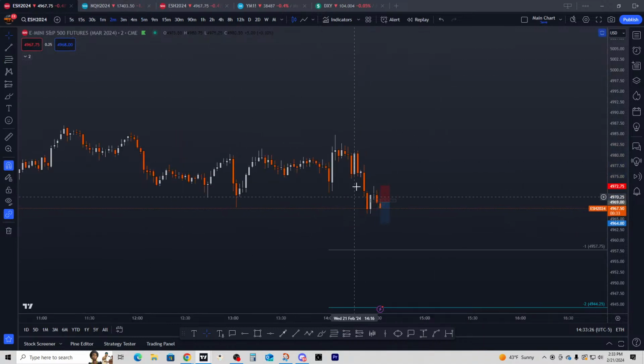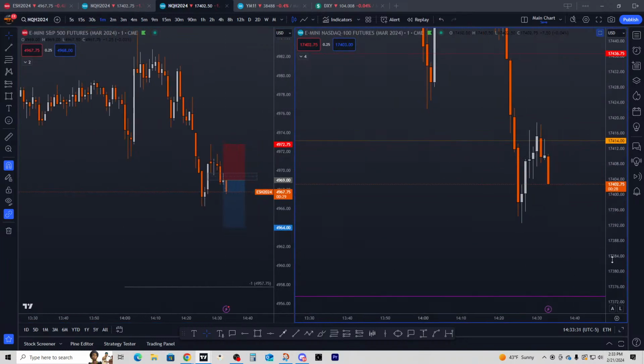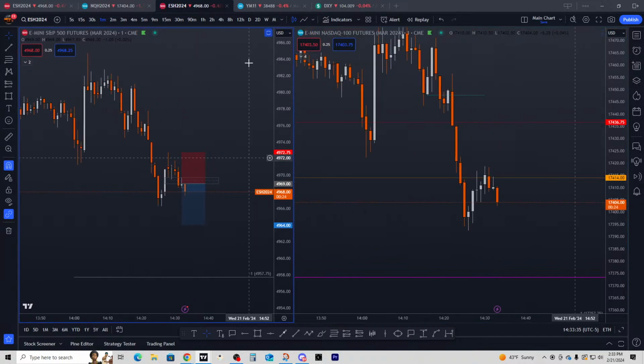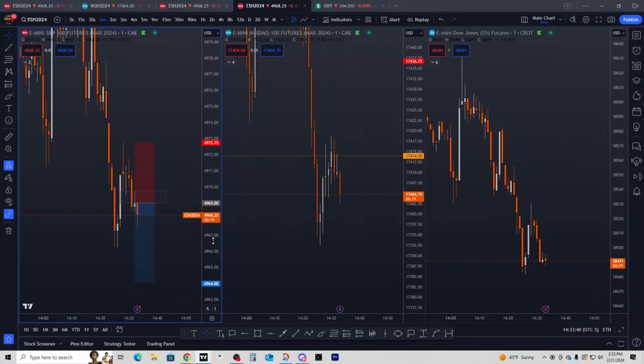If I was to take this, I'd need to see another distribution leg. Like, even if we inverse this 1 minute on NQ, I'm still not interested. This all looks like it's going to play out, though.